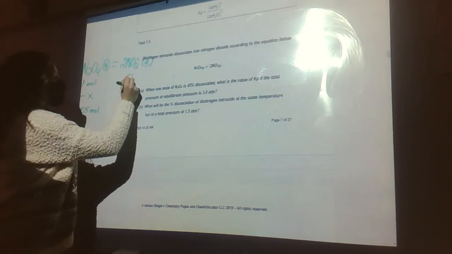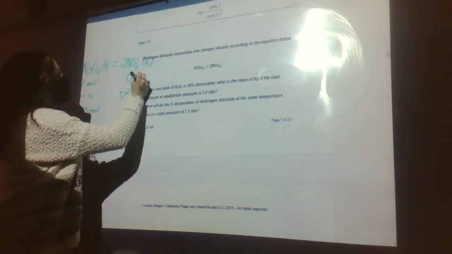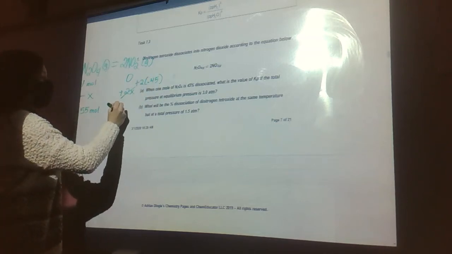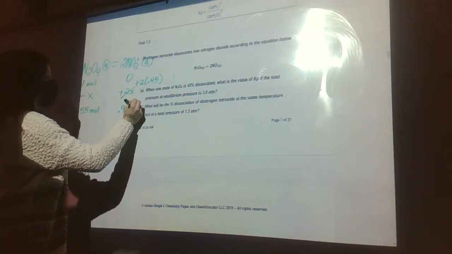Sometimes I'm not able to do math. So, 1 minus 0.45 gave me 0.55. That means x is 0.45. So, plus 2 times 0.45 is 0.90 moles.